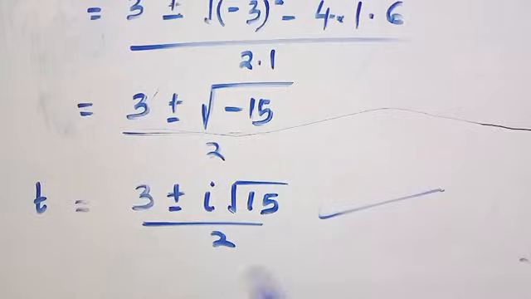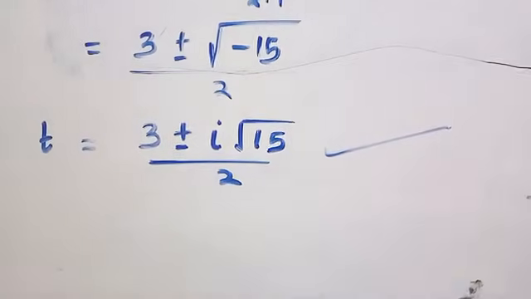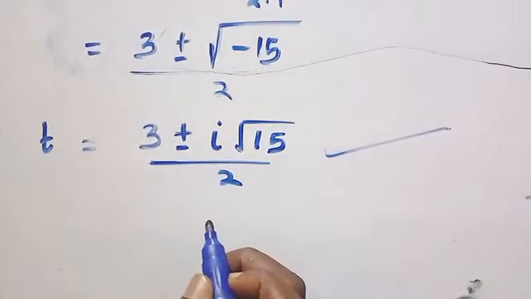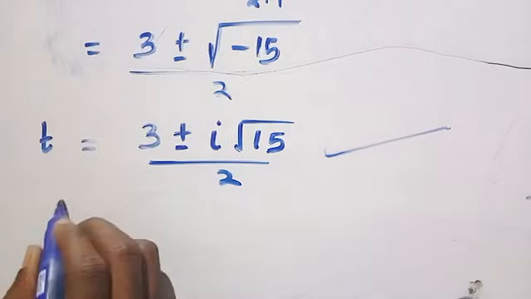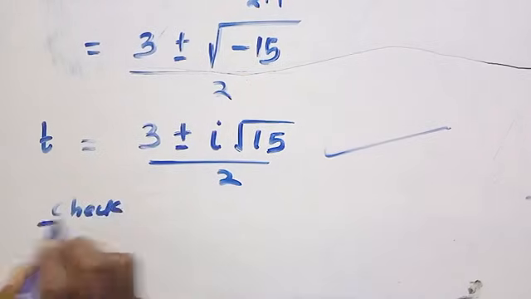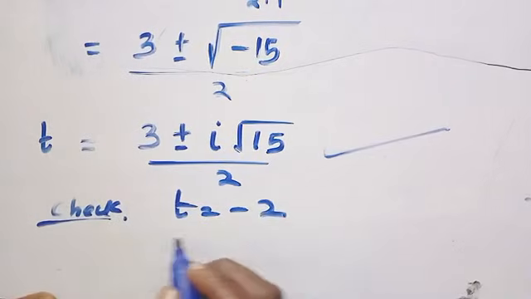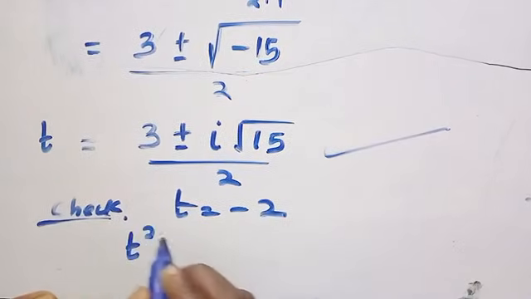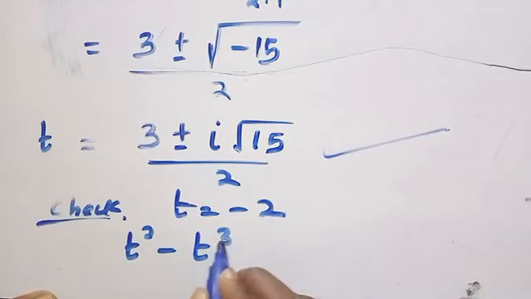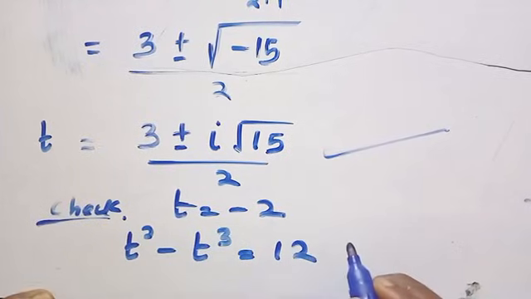So we can just try and verify with the first one that t equals minus 2. So to check, at t equals minus 2, so we substitute, we have t squared minus t cubed equals 12.